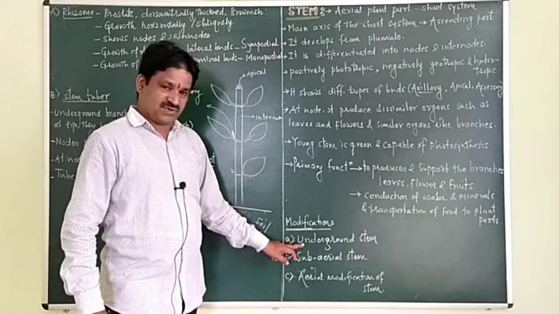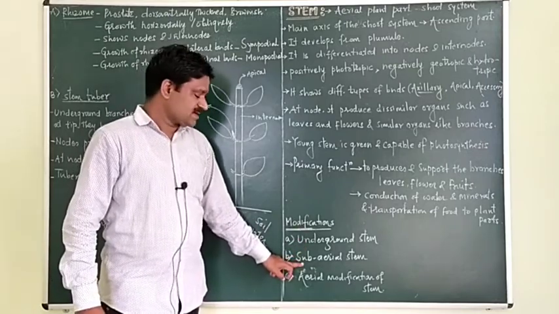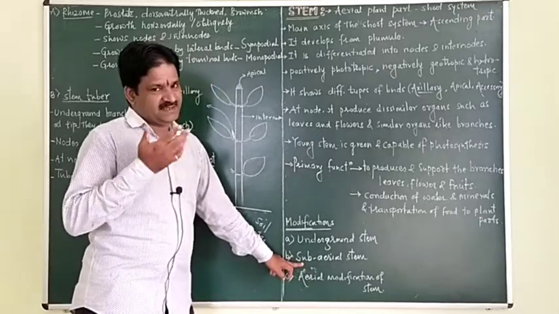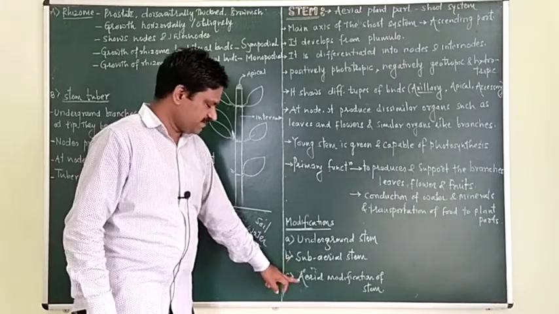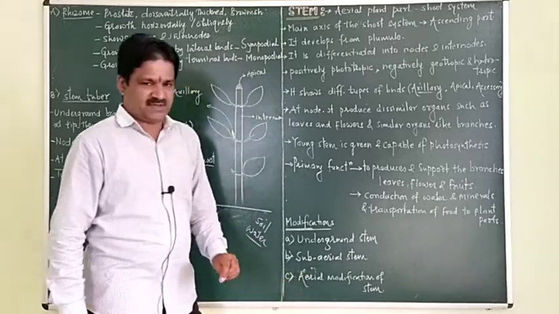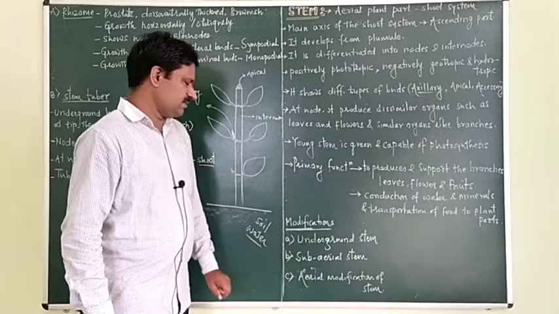Some stems are modified as sub-aerial stems, meaning some part of the stem is in the air and some part is below the soil. And some stems show aerial modification. First of all, we will see the underground modification of the stem.